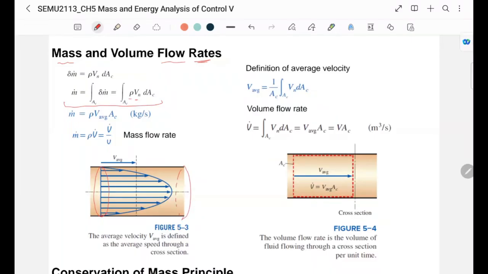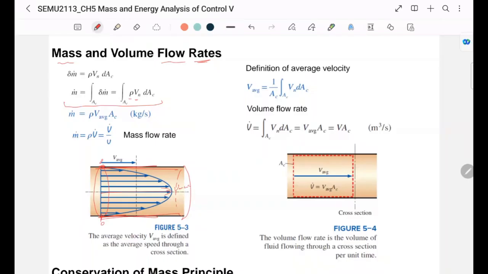If you look at different locations in the pipe, the velocity will not be constant. There's always a velocity profile that looks like this. The velocity at the center of the pipe is always the highest, because where it touches the wall, there is always friction. So the velocity here is always 0. And here is V max. So this kind of profile is called the velocity profile.